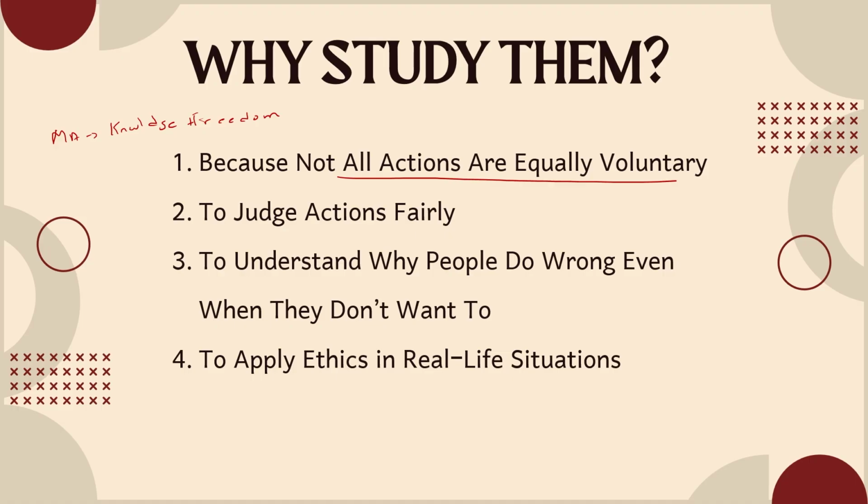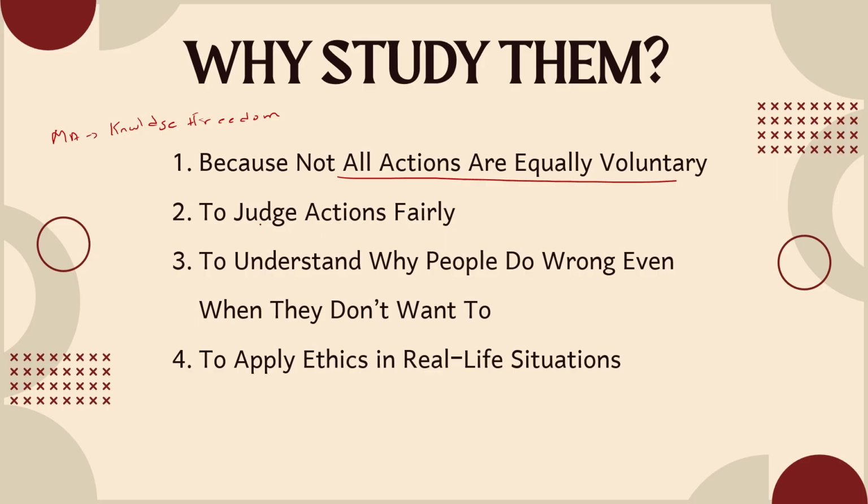These factors can affect how deliberate or how free their actions are. For example, take a person who steals out of fear: if he doesn't steal, there will be no food at home and his family will starve. Such a person is morally different from someone who steals out of greed. Studying these modifiers helps us see that even among actions of the same kind, there are differences.